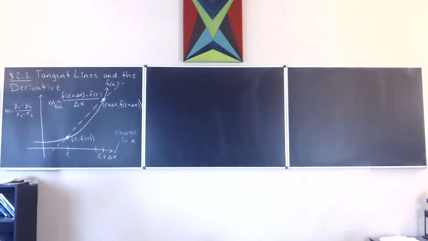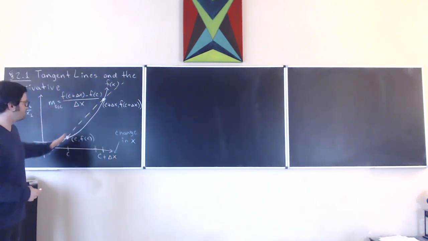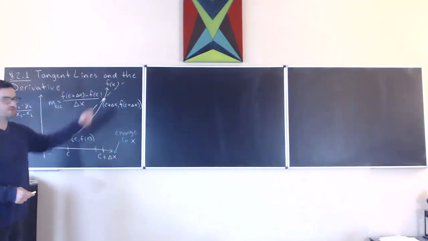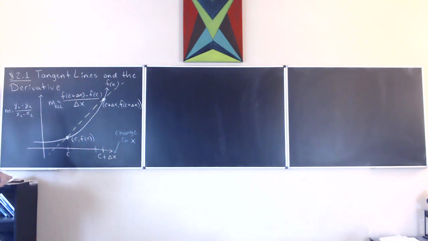Okay? So this formula, this difference quotient, is giving us the slope of this secant line passing through these 2 points. Okay.